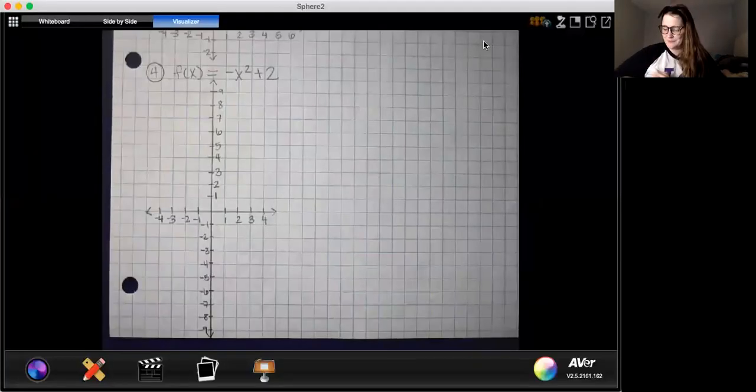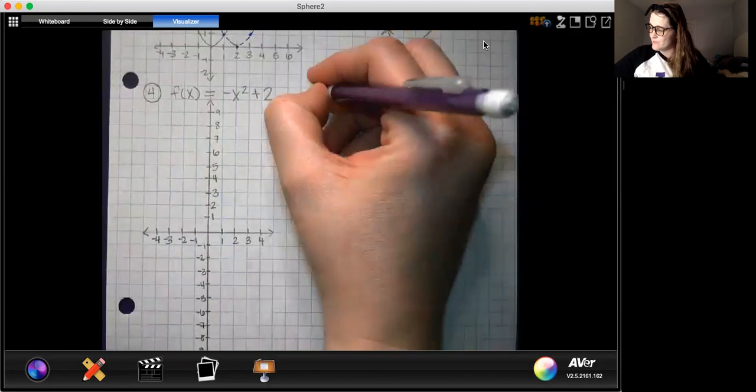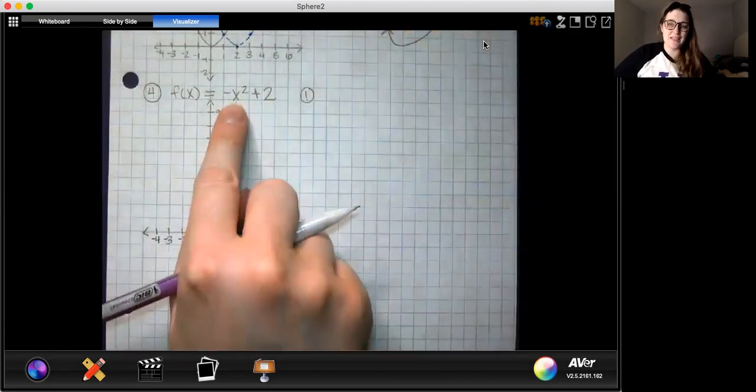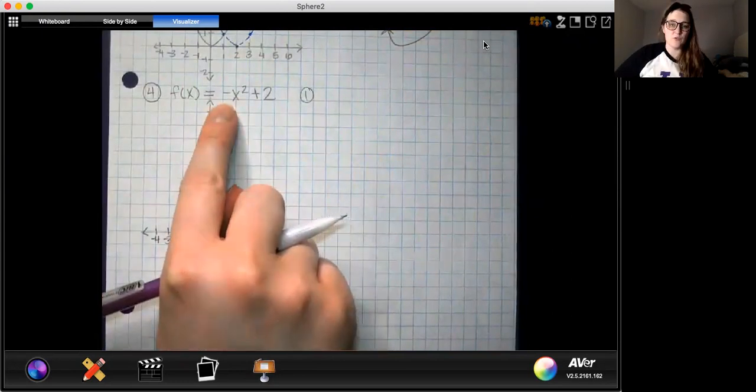Okay, number 4. F of x equals negative x squared plus 2. Now again, we want to make sure we're doing our transformations in order. So our first transformation, we don't have anything connected to x within the parentheses, then we would have what we have multiplied.